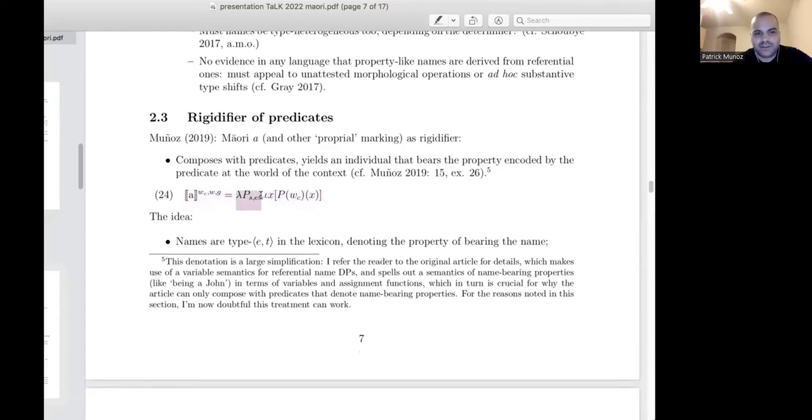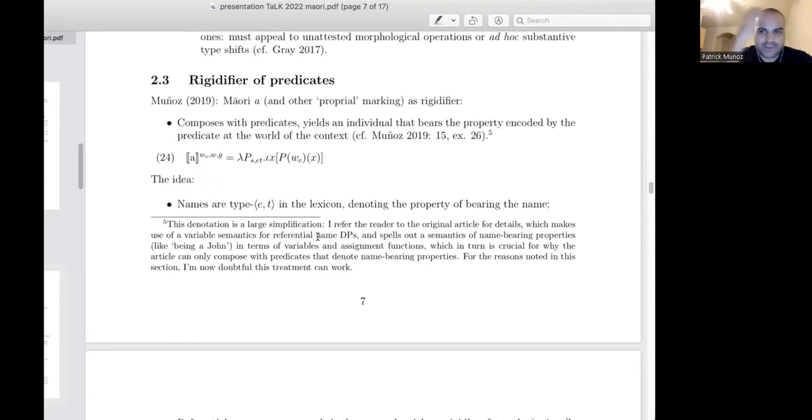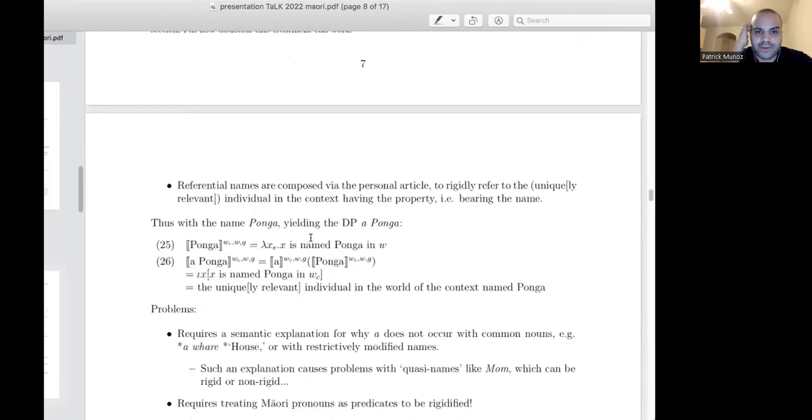You take the intension of a property and you have a Strawsonian definite, but it plugs in the actual world. So it means give me back the uniquely relevant individual who has that property at the world of the context, right? So how would this work with things like names? Well, you say names are always type E in the lexicon. They denote the property of bearing the name.